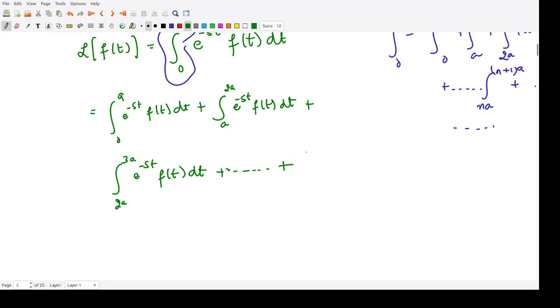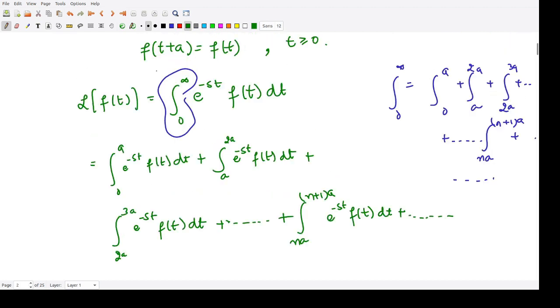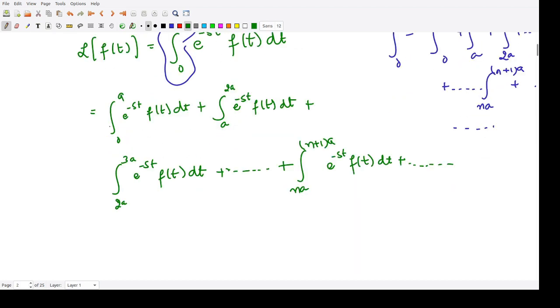We would have the integration from na to n plus 1 a e to the power minus st f of t dt, and so on up to infinity. We just broke this limit from 0 to infinity into all these limits because the given period is a.